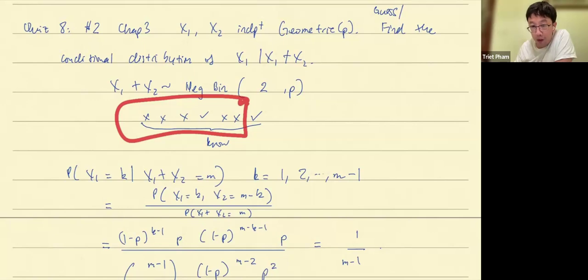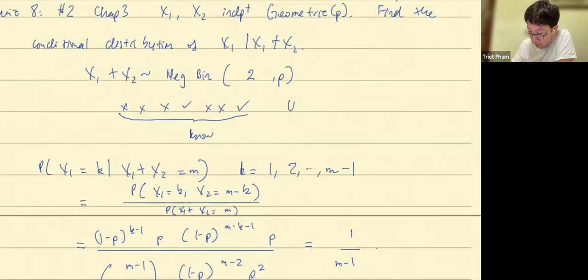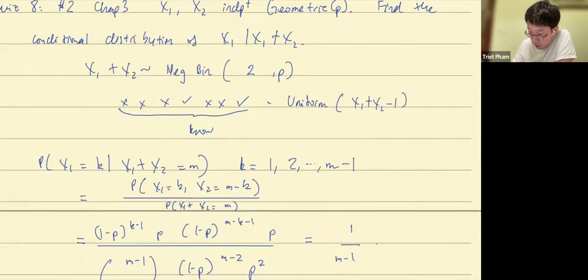In other words, this is telling us that conditioned on the total number of trials to get 2 successes, the number of trials to get the first success can be any number from 1 to m minus 1. Is that okay? So that's a uniform, if you want, a discrete uniform.